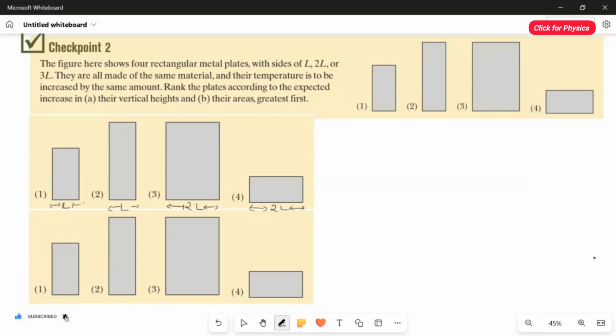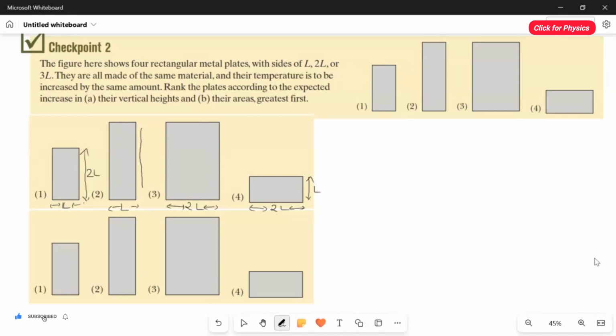Okay, let's go from the smallest value. What is this length? This width, this side value is L. And the second highest, I hope this one, is 2 times L. And the second and third will have the same height.